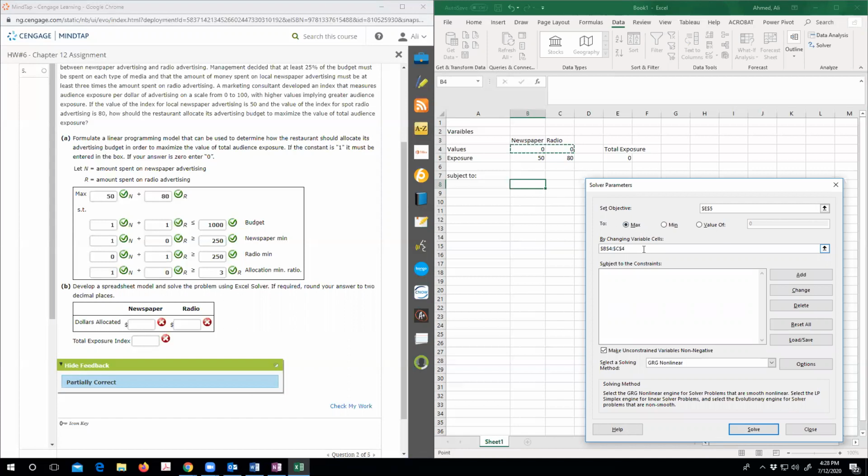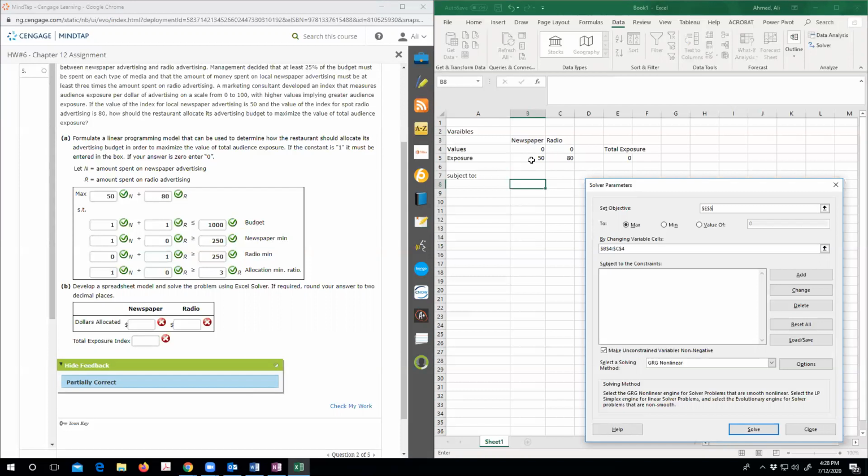We're all clear on this? So this is my objective function. This is my total, a sum product. In this kind of a linear optimization problem, we always do a sum product, which means multiplying this with this changing value, plus multiplying this one with the changing value.